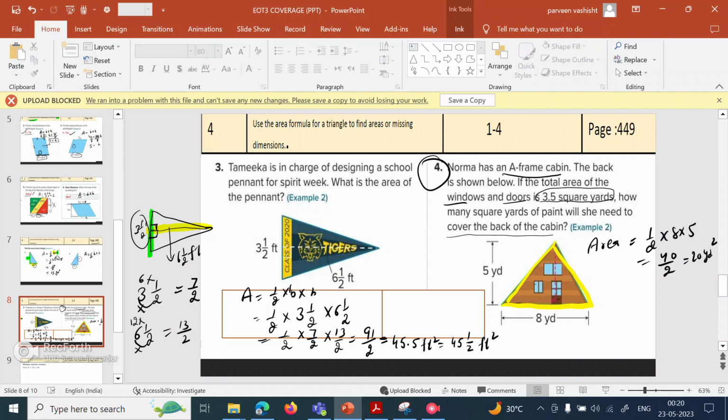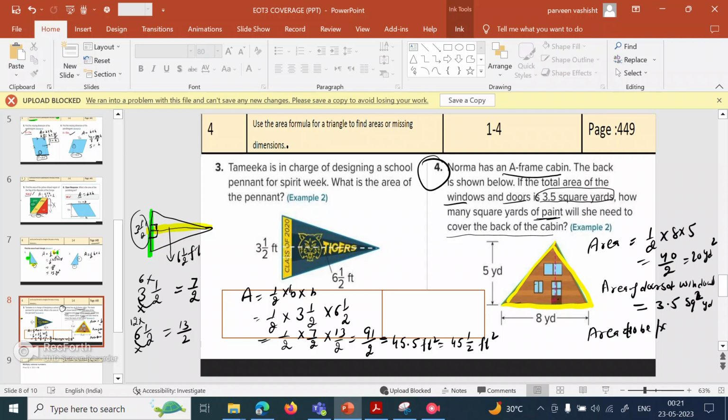But the windows and doors, this is the door, these are the windows, this area is 3.5 square yards. So you are not going to paint it. She wants to paint, so the area of doors and windows is 3.5 square yards.